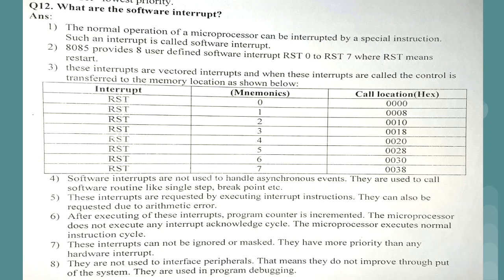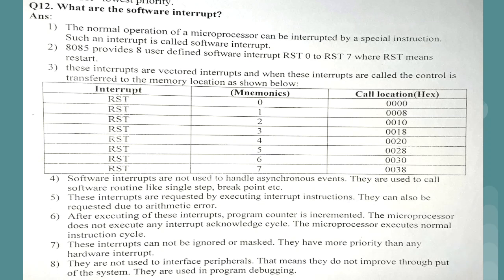They are not used to interface peripherals. Actually these interrupts are generated by the microprocessor, so there is no involvement of peripheral devices. In case of hardware interrupts, we have the involvement of peripheral devices, but in case of software interrupts, there is no interference by peripheral devices. That means they do not improve the throughput of the system.